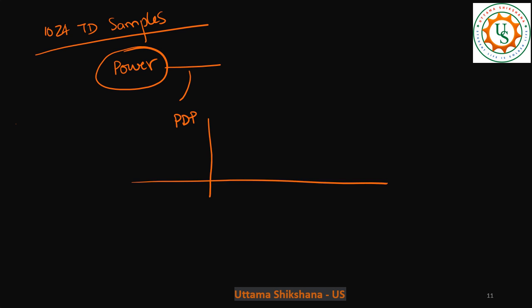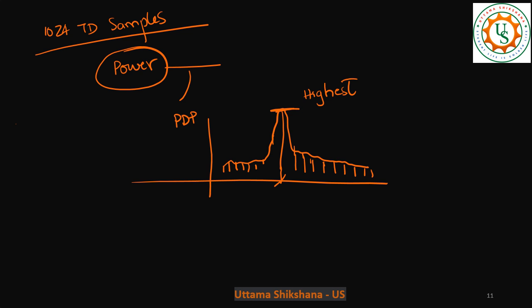Something like this, I'm just writing it like this, but these are all samples only, right? So samples would look something like this. At this point you will have the highest correlation, the correlation at the point where there is a timing delay.